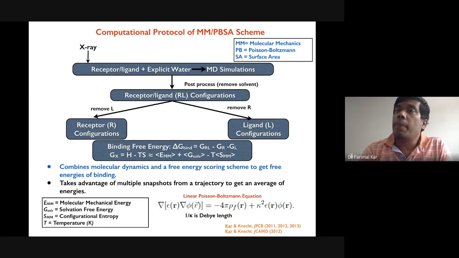Now, when we use MMPBSA, when we use the Poisson-Boltzmann equation, that is an approximation of the solvation effect. At that point, you are not considering any explicit water molecules. You are treating water as a dielectric medium, which is characterized by epsilon equal to 80.